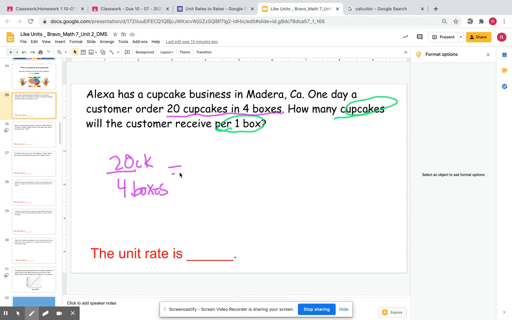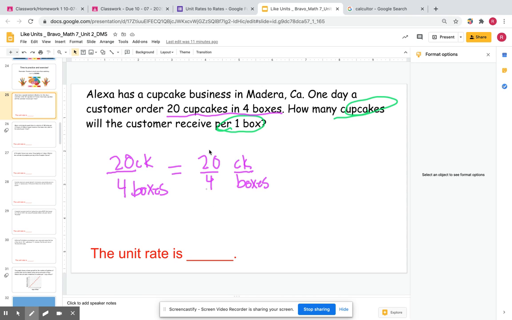They want to find out how many cupcakes fit in 1 box. You could do it the traditional way where you divide top and bottom by the number 4, or you can separate the units from the numbers. We're going to separate numbers from units. So 20 over 4, CK for cupcakes, over the boxes.